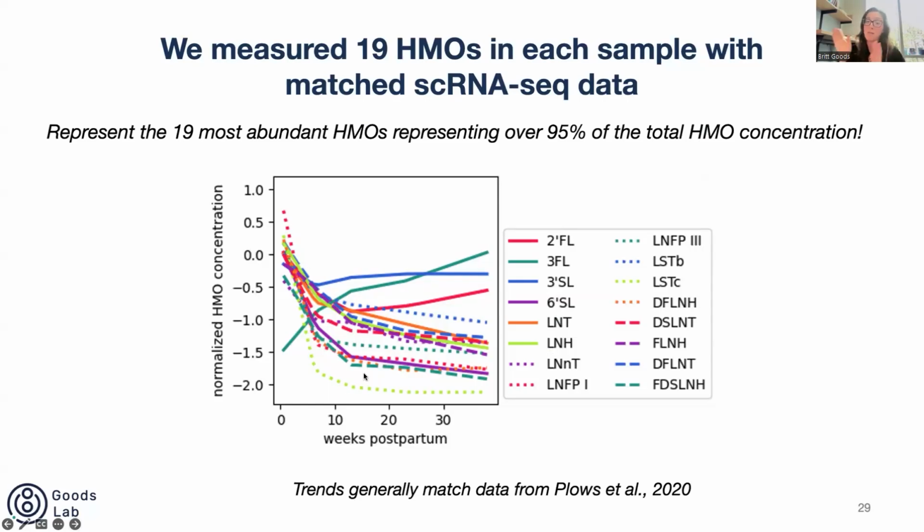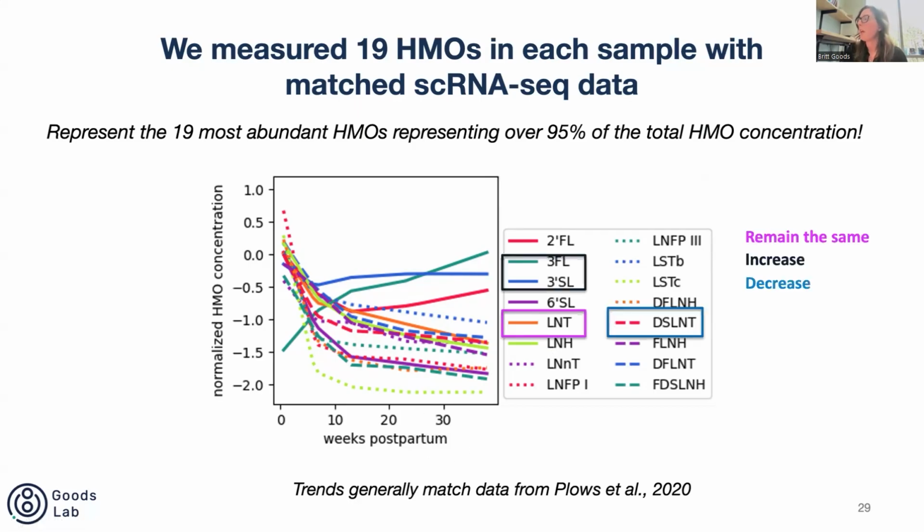And again, remember, we have matched single-cell RNA sequencing data for this data set. And this generally matches trends that have been previously talked about and discussed in the literature, which was great to see as well. Okay. And so I just annotate a few of those, right? So these ones stay the same, and then some that decrease and some that increase. And so that all checks out, which is really great.